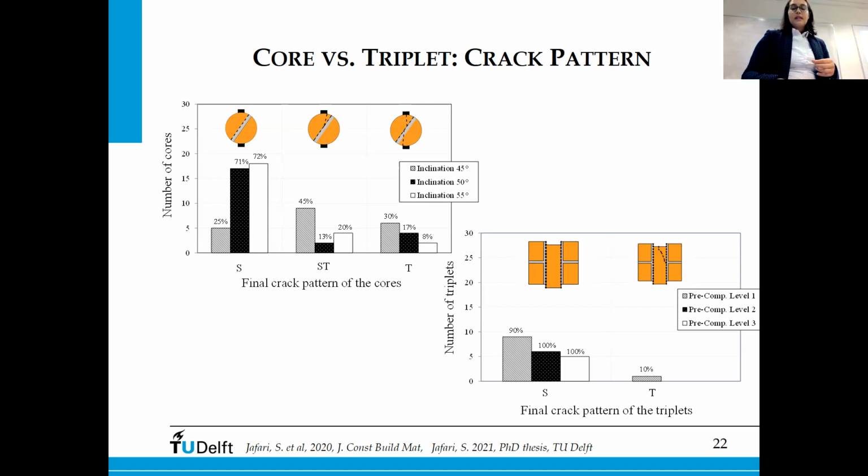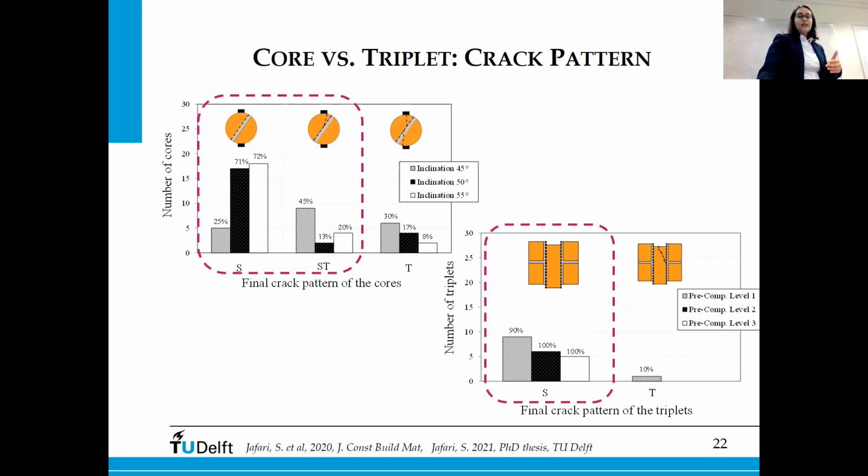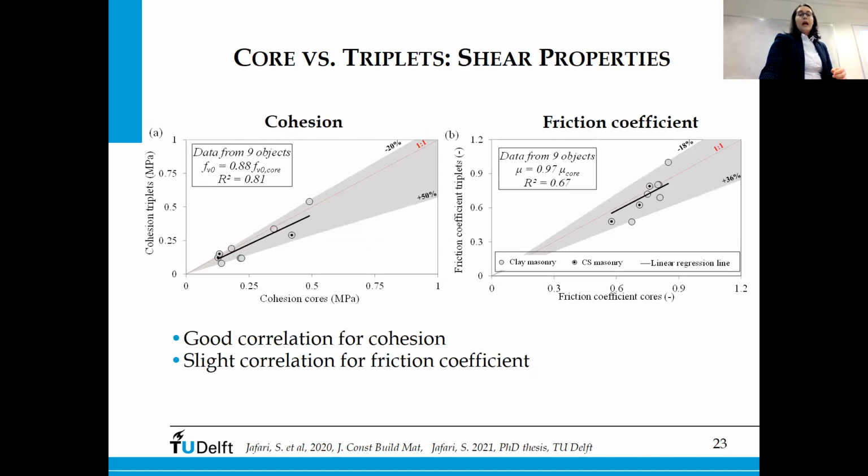And in just a few cases, we had tensile failure, like complete splitting failure of the core, or some tensile failure in the brick while doing the triplet test, especially for field-extracted samples. So to make a comparison, and especially in view of characterizing the response of the interface, we only consider the shear sliding failure mechanism.